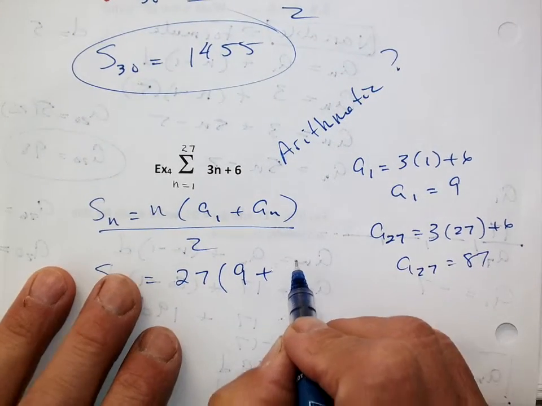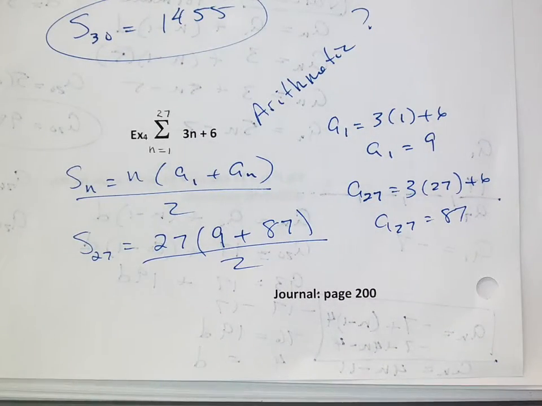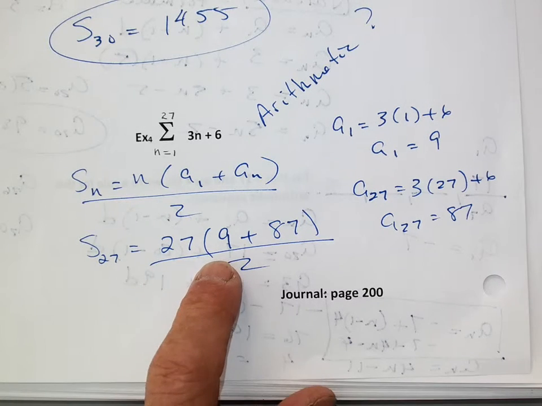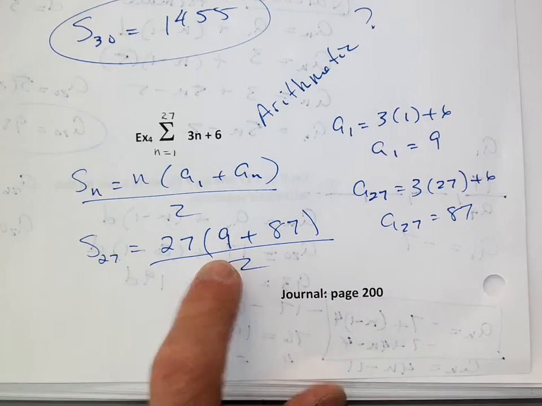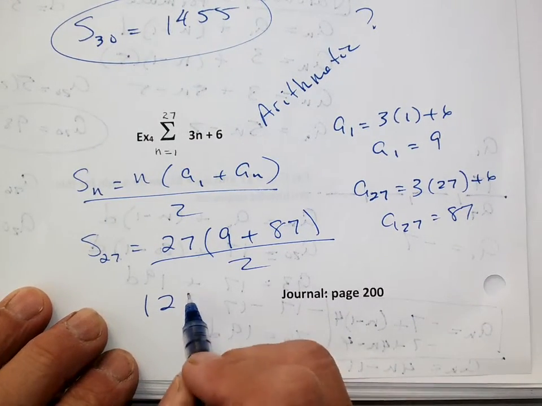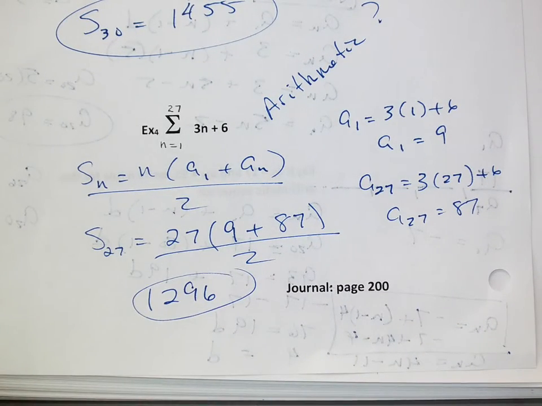So plug that there, 87 divided by 2, and I'm just going to use my calculator. 27 times parentheses 9 plus 87 divided by 2, and I get an answer of 1,296. Okay. Now, let me go ahead and summarize, because it's worth summarizing.